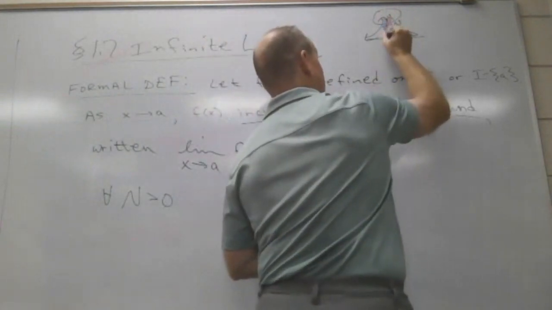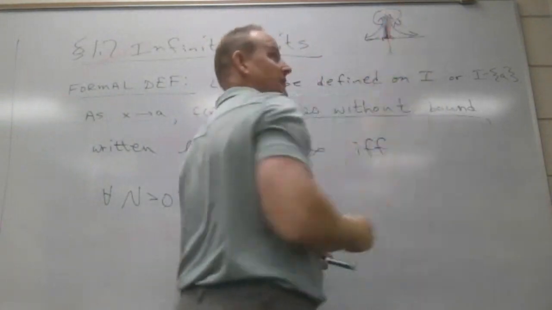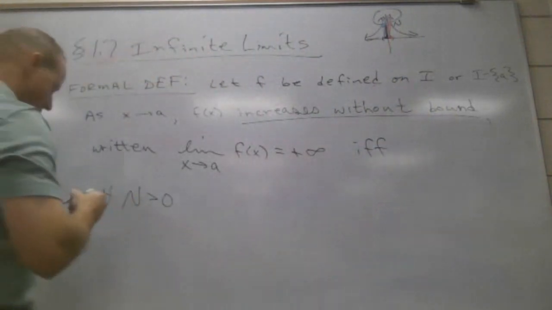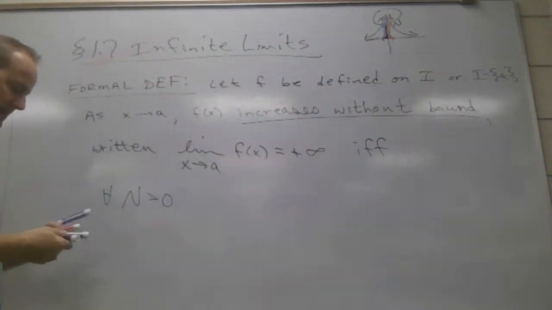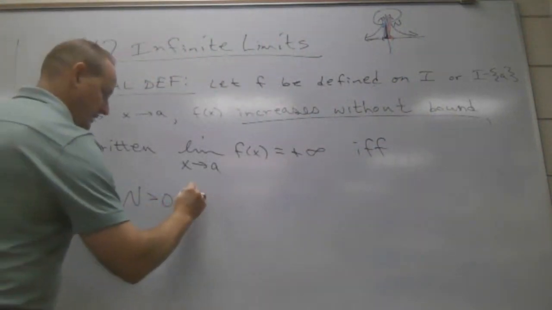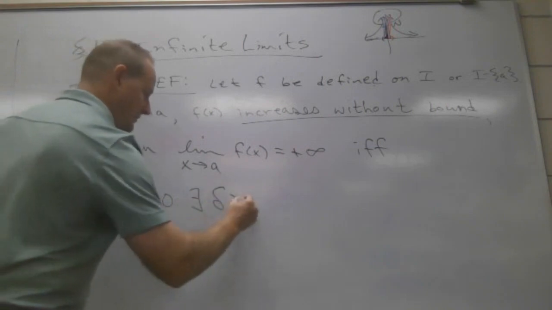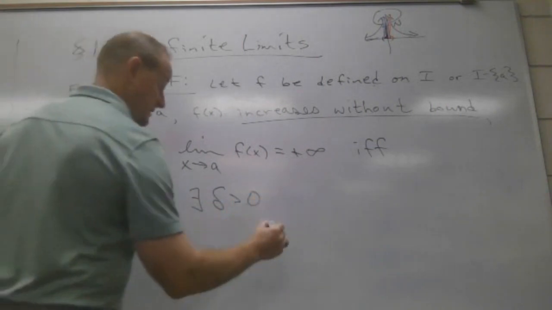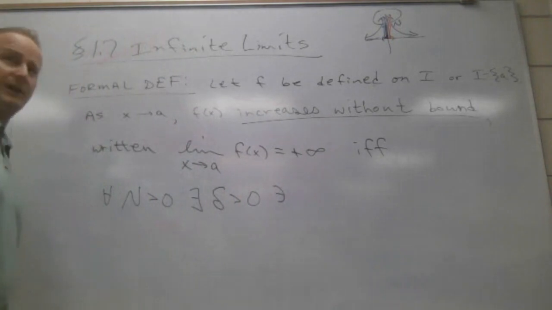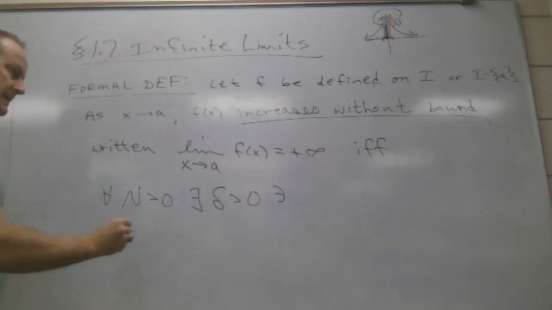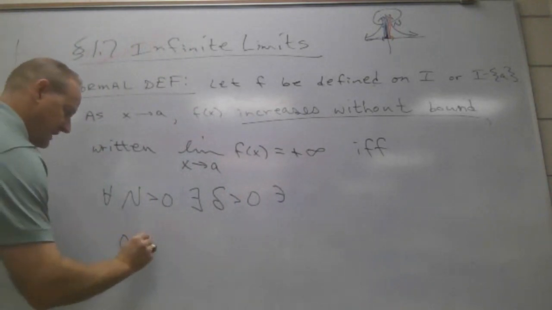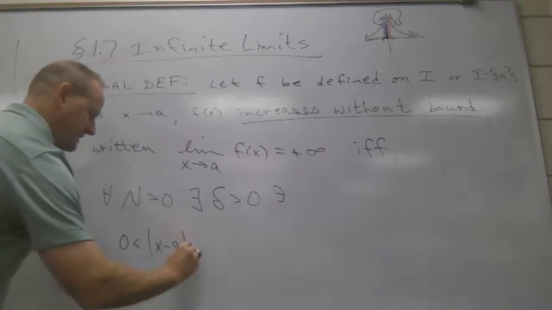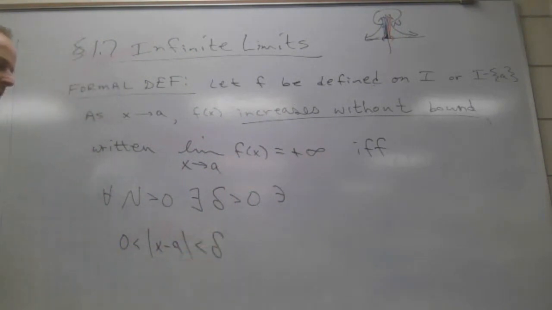So all these x's that I plug in, I want them to shoot above that N. So for all big N's greater than 0, there exists a delta greater than 0, such that 0 is less than the absolute value of x minus a is less than delta. Is that the same as before?